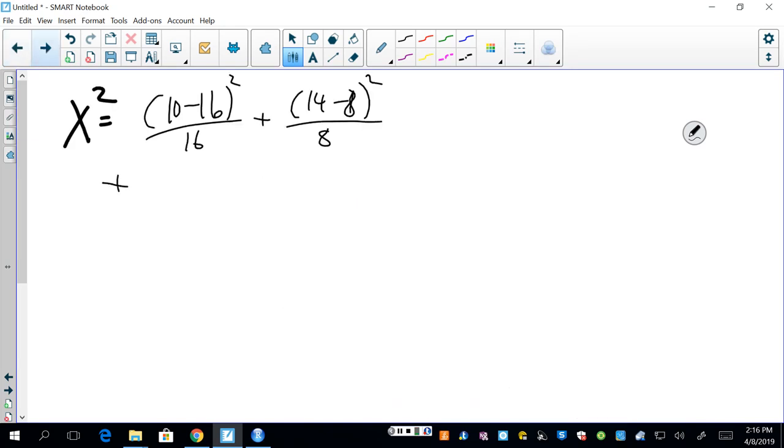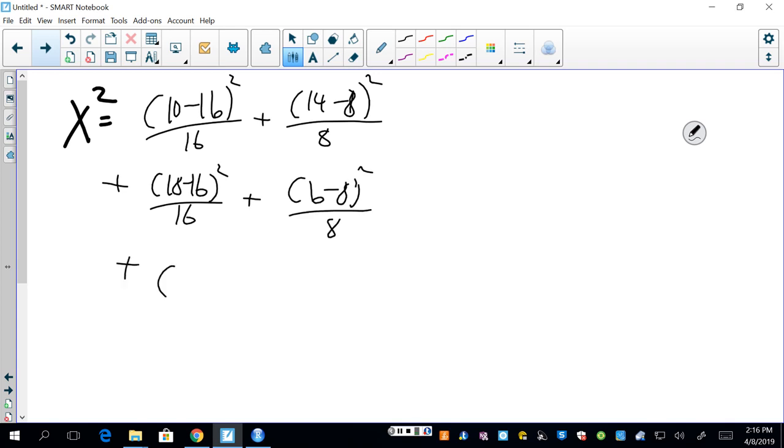The next one adds in 18 minus 16 squared over 16, and 6 minus 8 squared over 8. The last row has 20 minus 16 squared over 16, and 4 minus 8 squared over 8. The first contribution is 2.25.